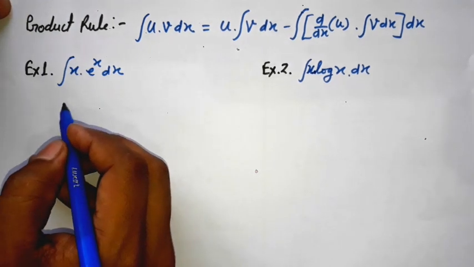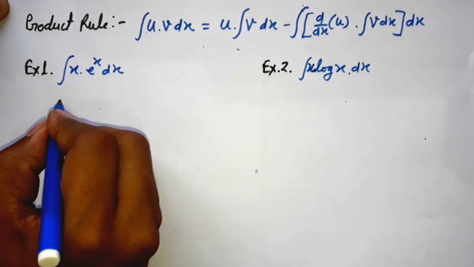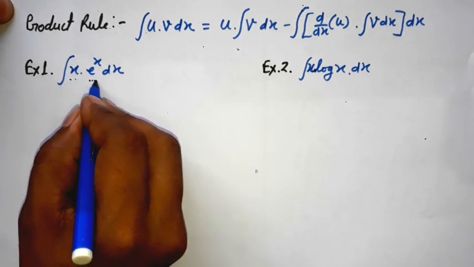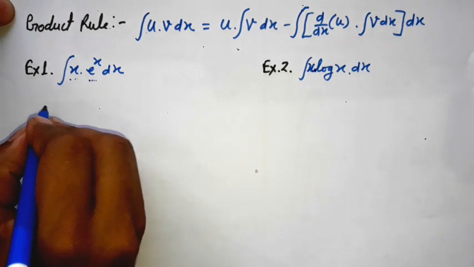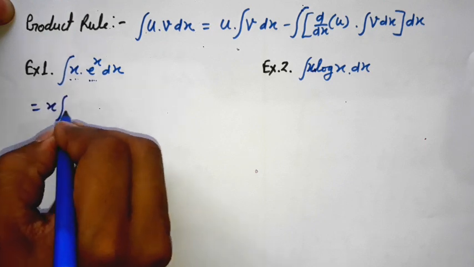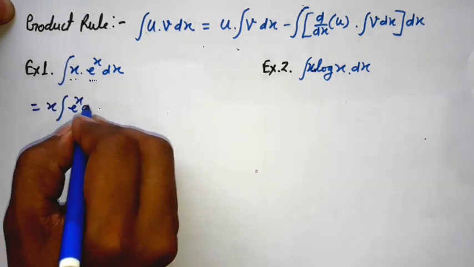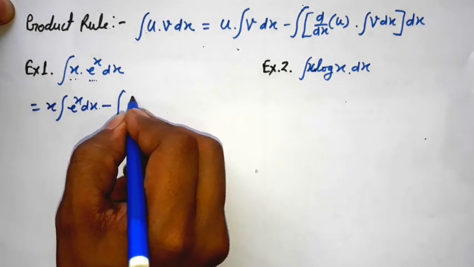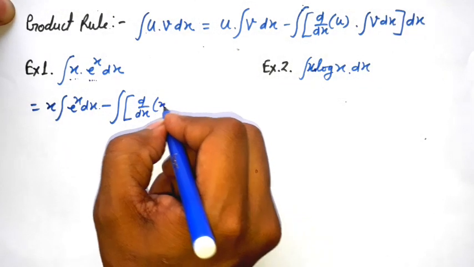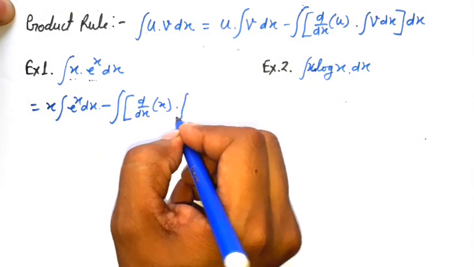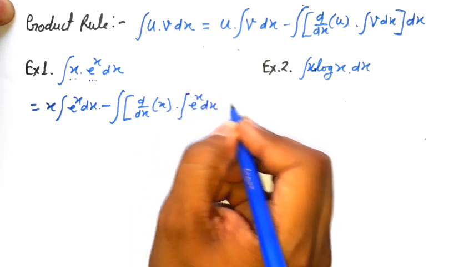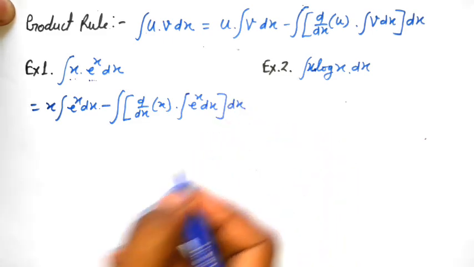Now we will integrate this. x is considered as u and e to the power x is considered as v. So we apply the formula: u, that is x, integration of v, that is e to the power x dx, minus integration of differentiation of u, that is x, into integration of e to the power x dx, integration dx.